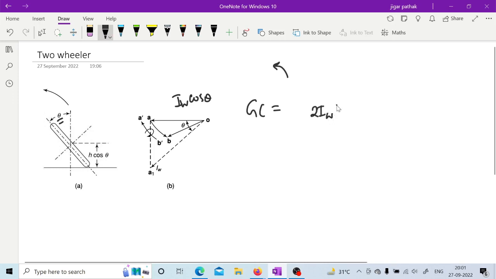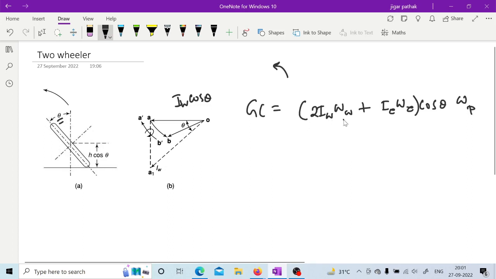If you write the gyroscopic couple for this two-wheeler, then you have two wheels. So for two wheels it is I omega omega W, and one is for the engine parts. As we have seen, the cos theta of this particular component will be considered, and then you will have some omega p about the precession axis.